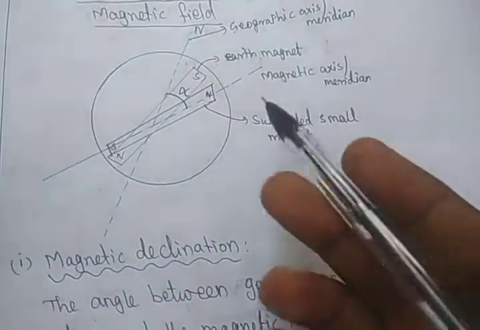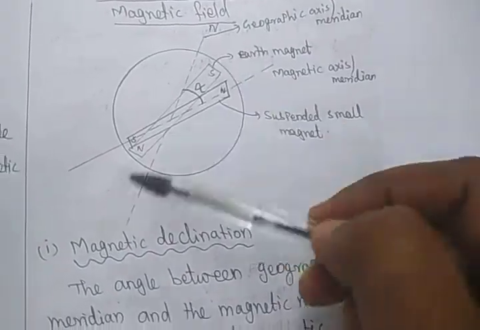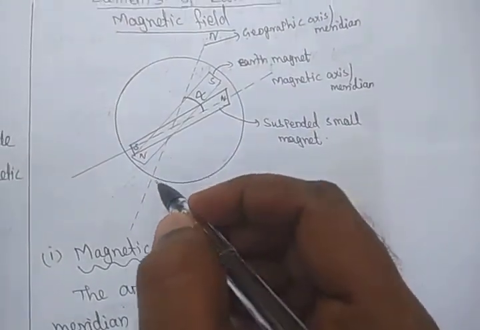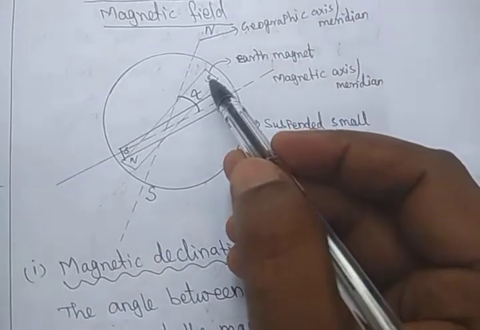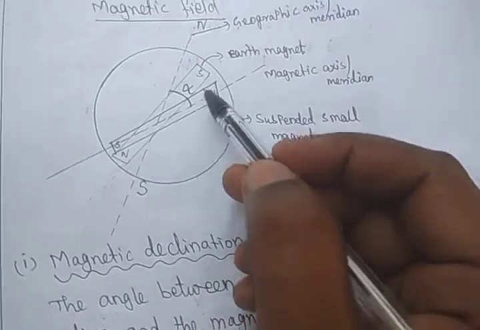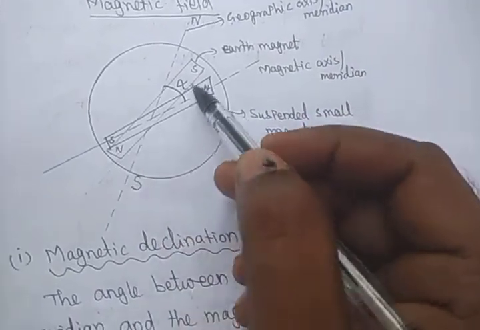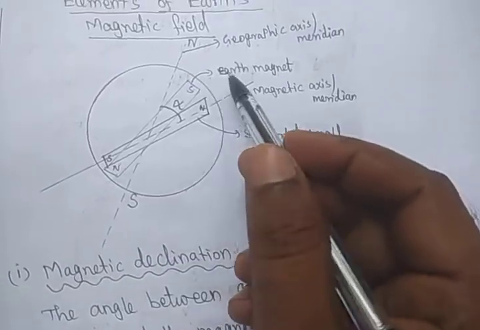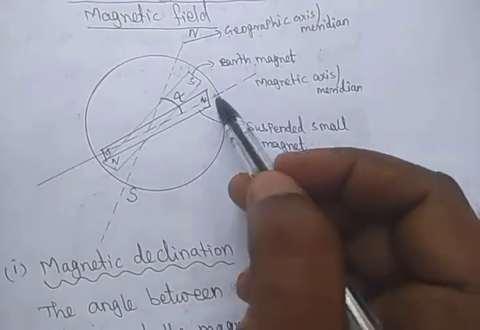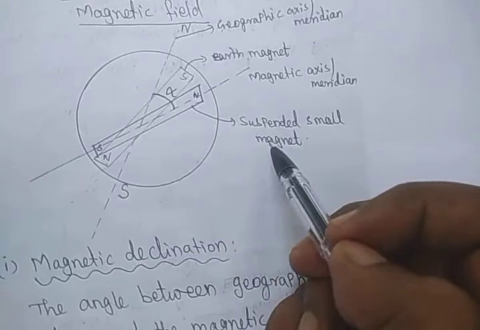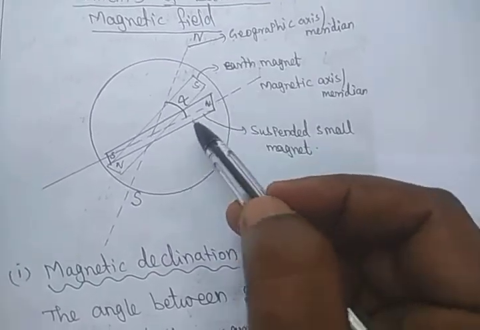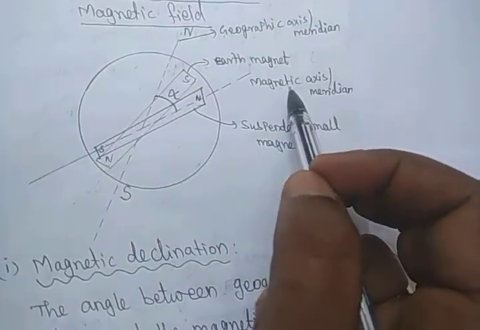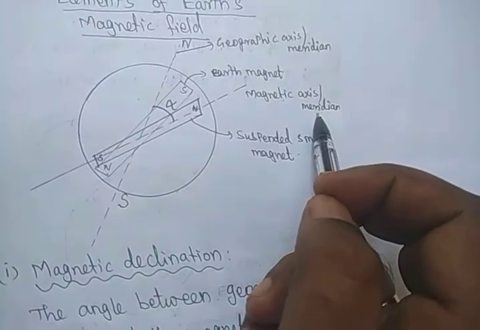This is the geographic North Pole and geographic South Pole. This is the earth magnet, and this is a suspended small magnet. This axis is the magnetic axis.